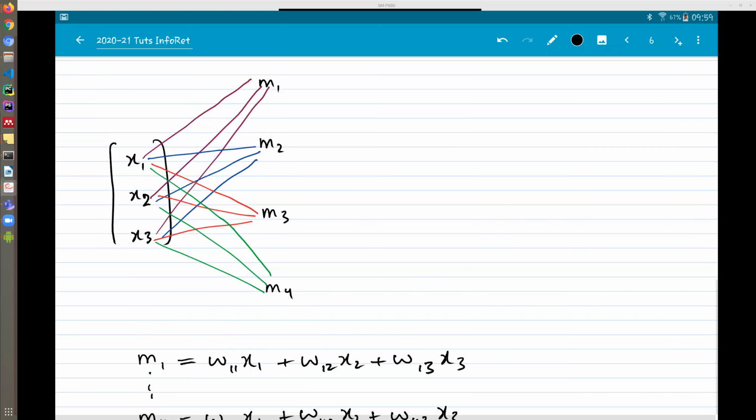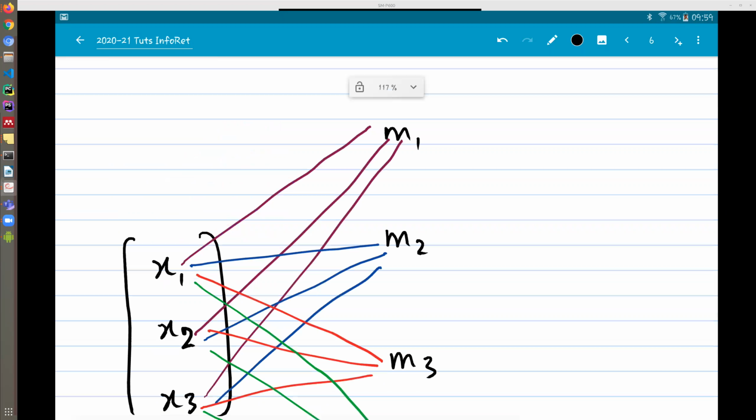So every line has a weight. Every edge represents that we will be multiplying a weight with x, and then we will be adding up everything to get m1. So this one has w11, and this one has w12, and this one has w13, and so on.